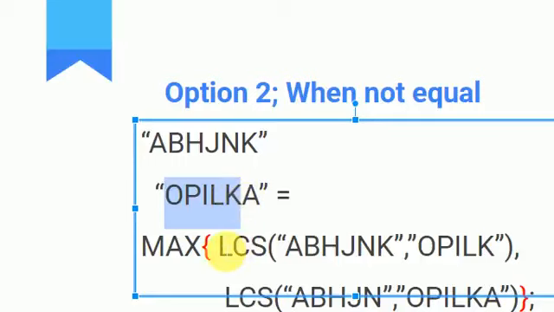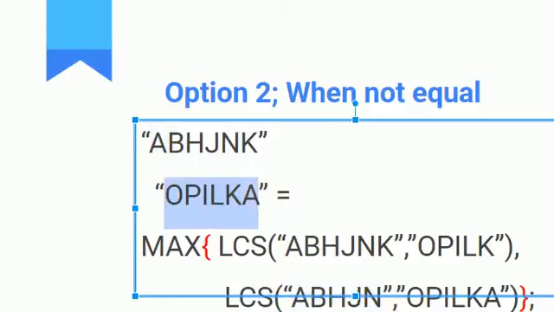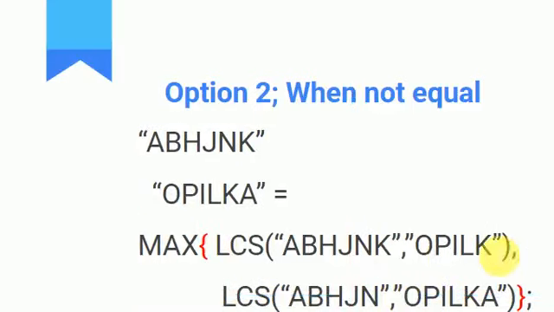I find the longest common subsequence with this combination, and then I ignore this letter K and with that combination I find the longest common subsequence with this substring and this whole string. I calculate the longest common subsequence individually for these two and I take the maximum. What is the maximum output in these two LCS? I take that particular longest common subsequence.